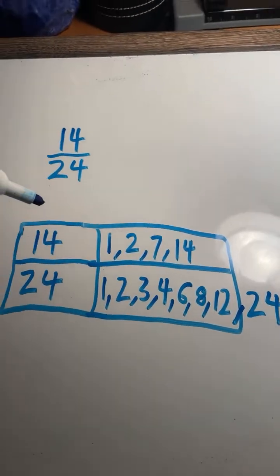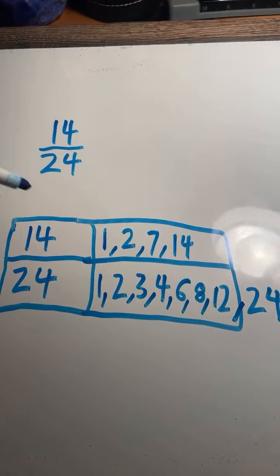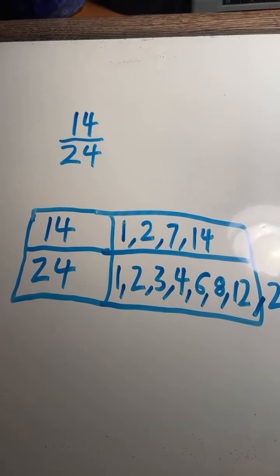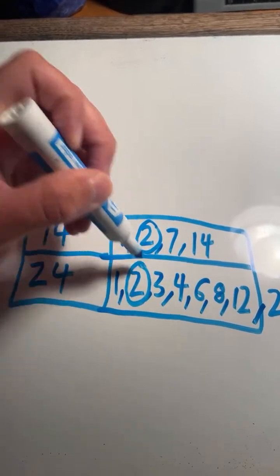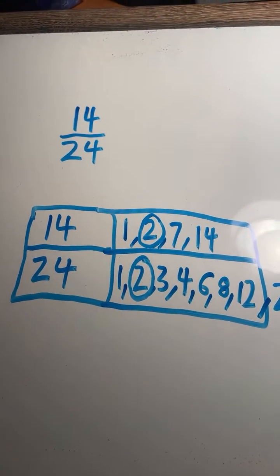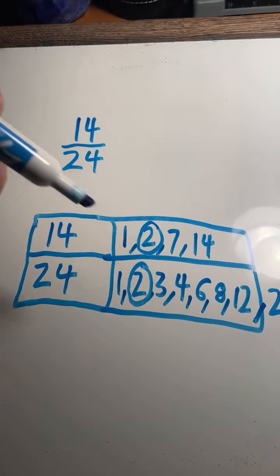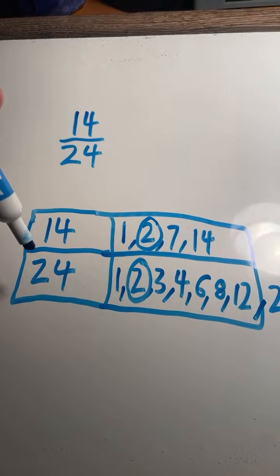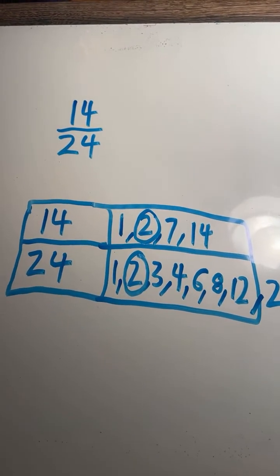But even though 24 is the biggest factor listed, the greatest common factor between 14 and 24 is 2. Even though there's a lot of factors that are bigger than 2, they're not common factors, right? 7's a factor of 14. 7 is not a factor of 24. 12 is a factor of 24. 12 is not a factor of 14. The greatest common factor between 14 and 24 is 2.